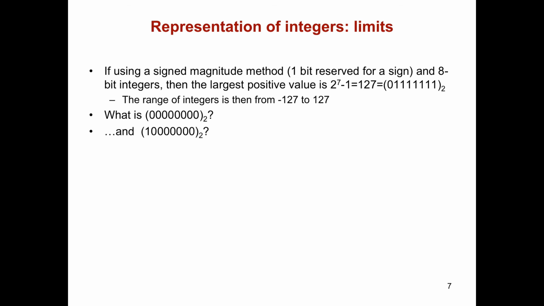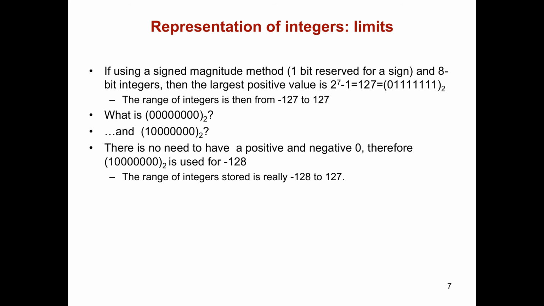But obviously, I can have a positive and a negative 0, and mathematically that doesn't mean much, right? So we're wasting representations. I'm leaving 0 as a positive 0, but I'm going to map negative 0 to minus 128. And that's, again, agreement. So the actual range is from minus 128 to 127.